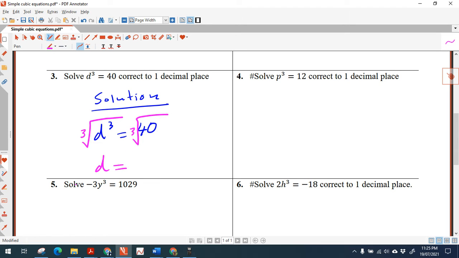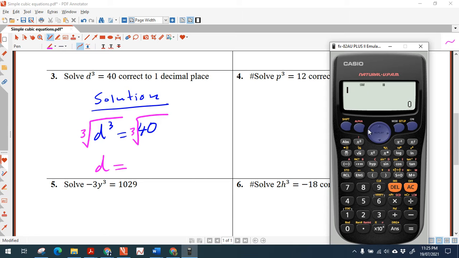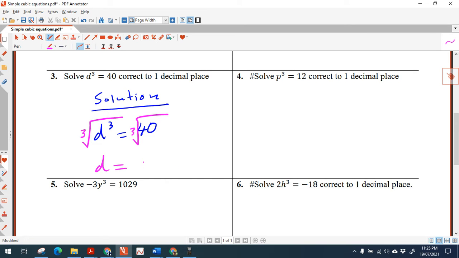Get the calculator out. And use the cube root button. So shift cube root 40 equals, and that's 3.4. And we're going to use the approximation symbol because we rounded the answer.